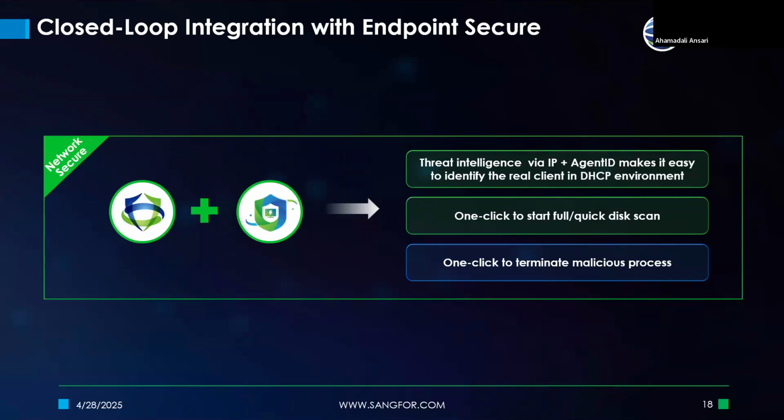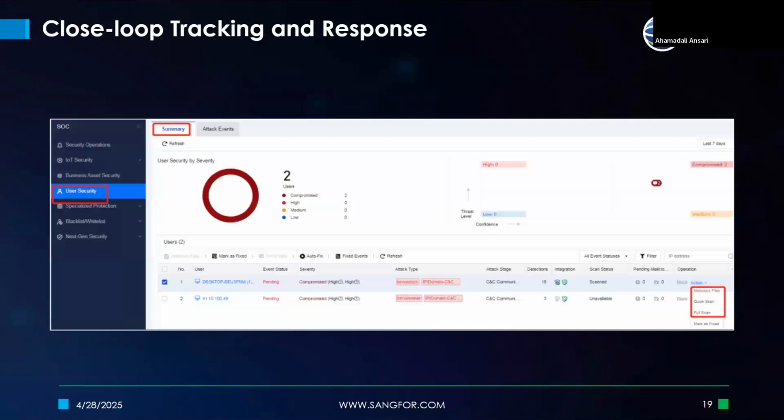So you can select and do a closed loop integration directly from SOC Light. You can select the machine and do a scan immediately, or you can select to kill or terminate the malicious process. So you can go to the user security directly from here. You can drill down and see which machine it was, and you can take the action directly.